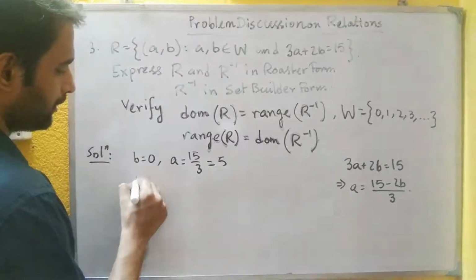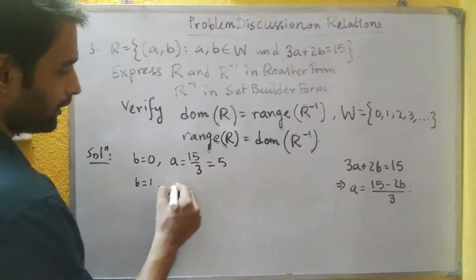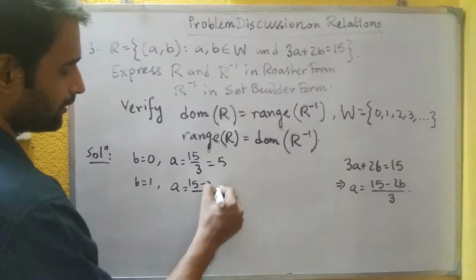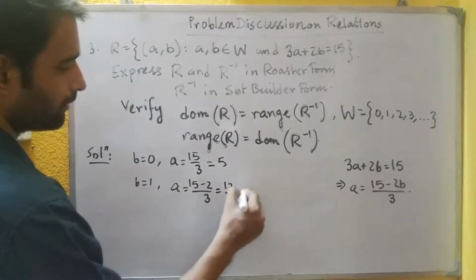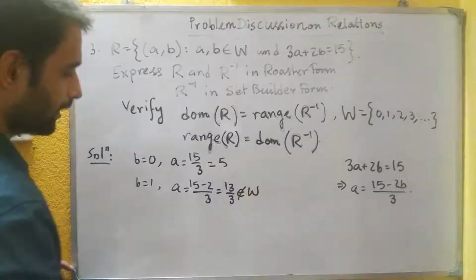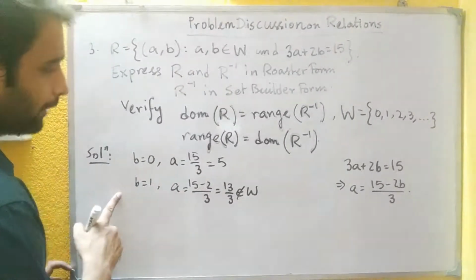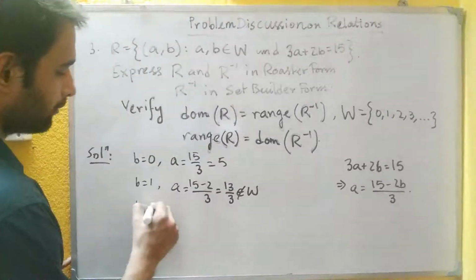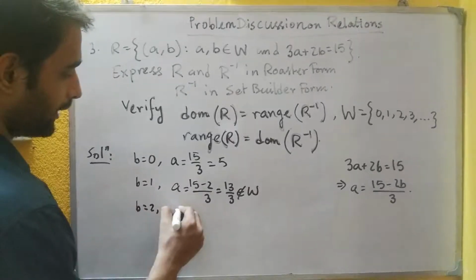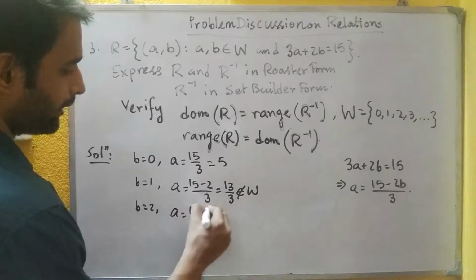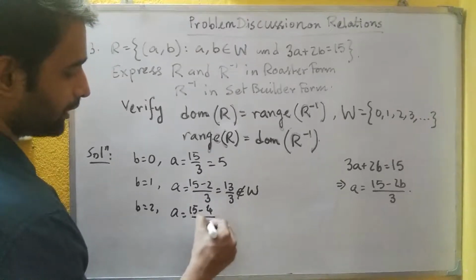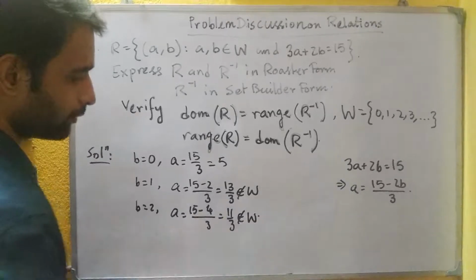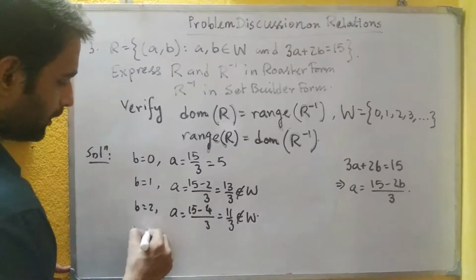If you put b as 1, you get (15 minus 2) by 3, that is 13 by 3, which is not in the set W. So there is no element related with 1. Similarly, for b equals 2, you get (15 minus 4) by 3, that is 11 by 3, again not in the set W.